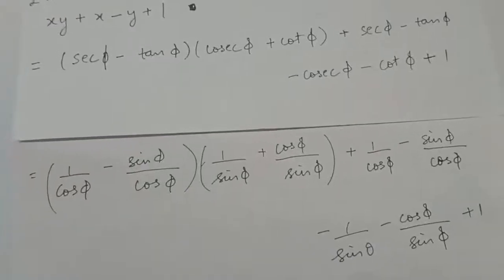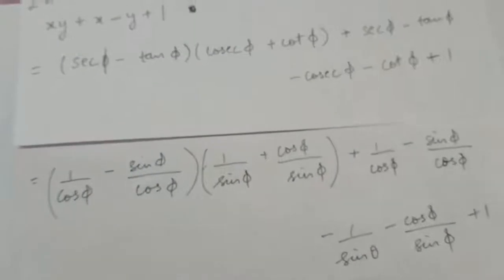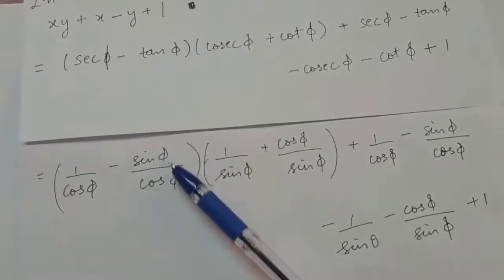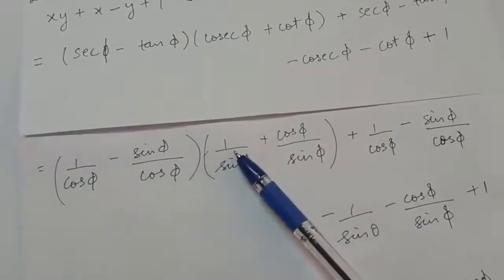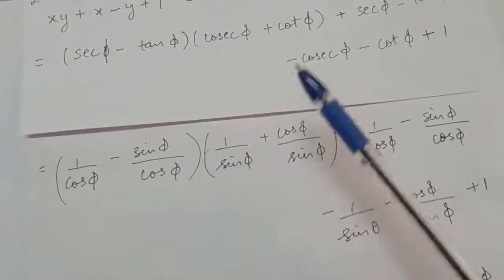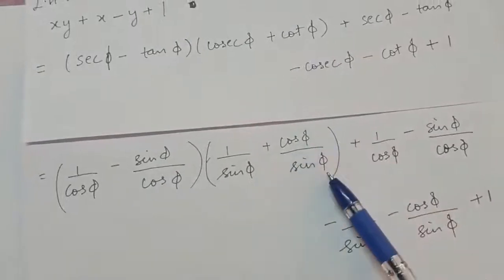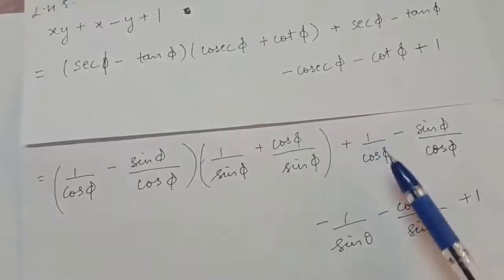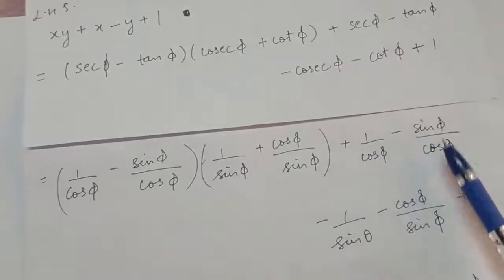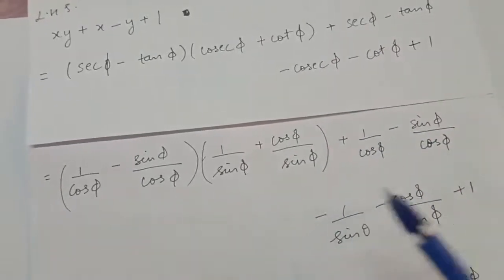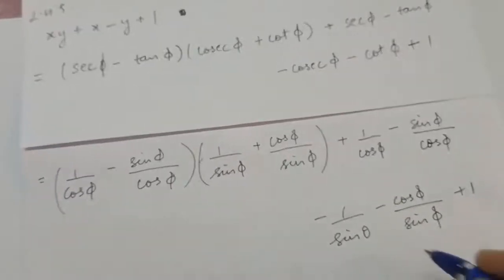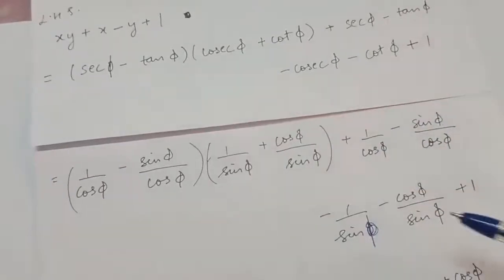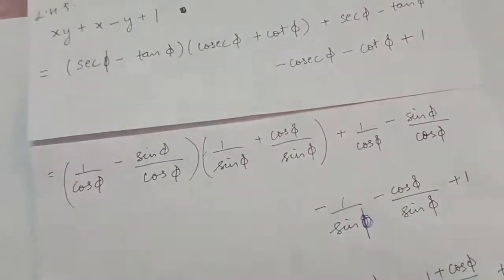Now in place of secant phi, we can write 1 upon cos phi, and in place of tan phi, sin phi upon cos phi, into 1 by sin phi plus cos phi by sin phi, plus this secant phi in terms of cos and sin, 1 upon cos phi minus sin phi upon cos phi, minus 1 upon sin phi, minus cos phi by sin phi, plus 1 as it is.